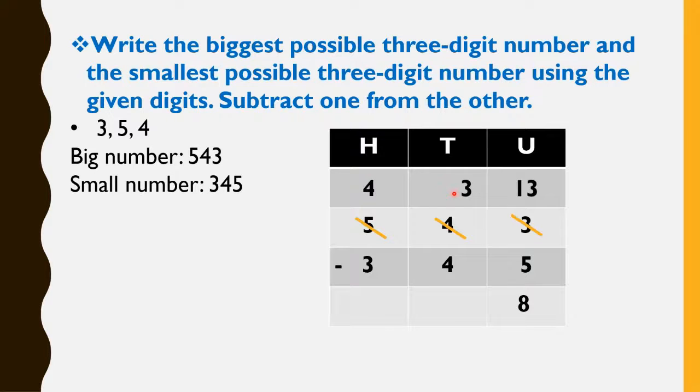So we have 3 tens already and now more 10 tens. So it will be 13 tens. So 13 tens minus 4 tens. What is the answer? 9 tens.